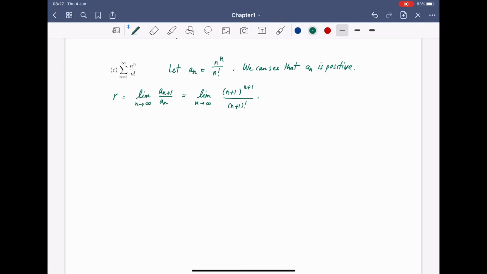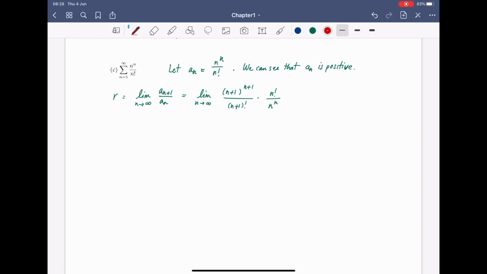Multiply. So here I have a n plus 1 already. So the next thing I need to multiply is 1 over a n, right? Which is n factorial over n to the n, right? So if you cannot follow this thing easily, make sure you expand this slowly. And then after that, I am going to do the cancellation.